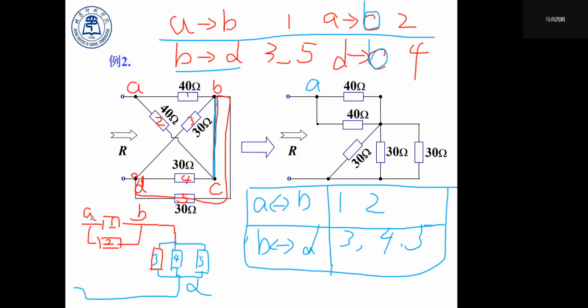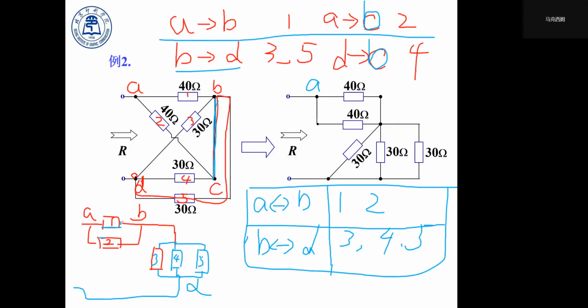And from this new connection, we can see that resistor 1 and resistor 2 are in parallel form. And resistors 3, 4, 5, those three are in parallel form. So this is how we did it, right?